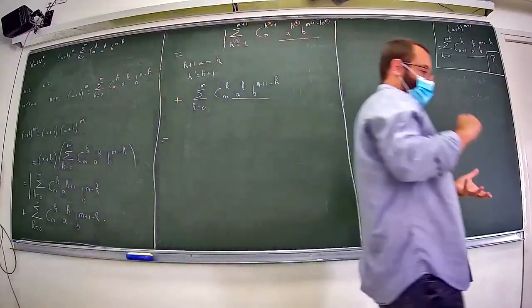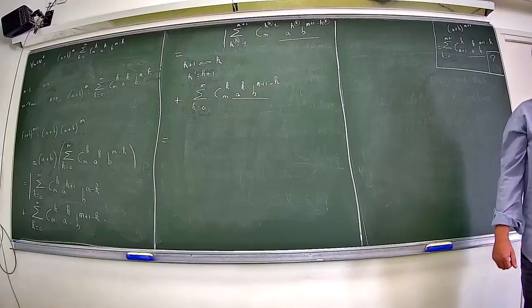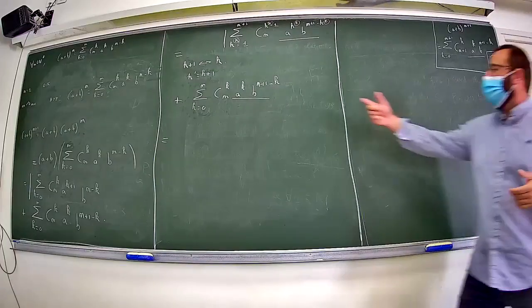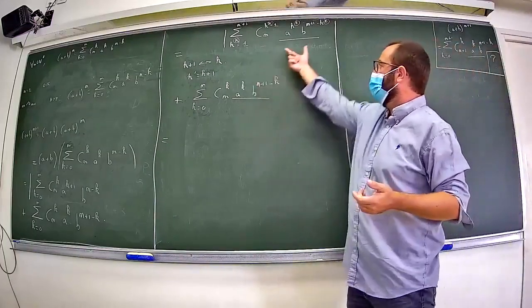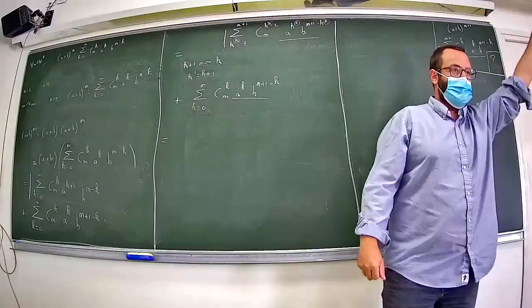If I want to regroup them, the sum has to be over the same set of indices. What they have in common is k from 1 to n.